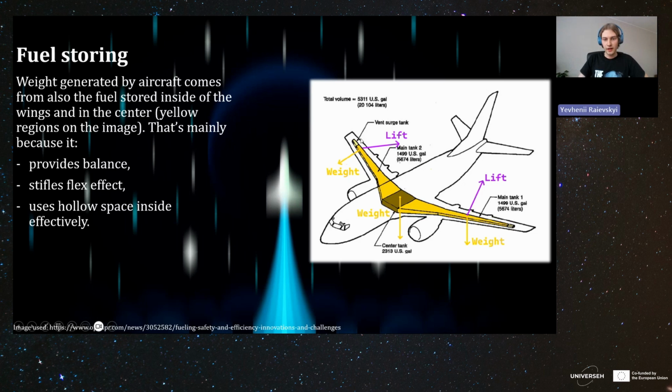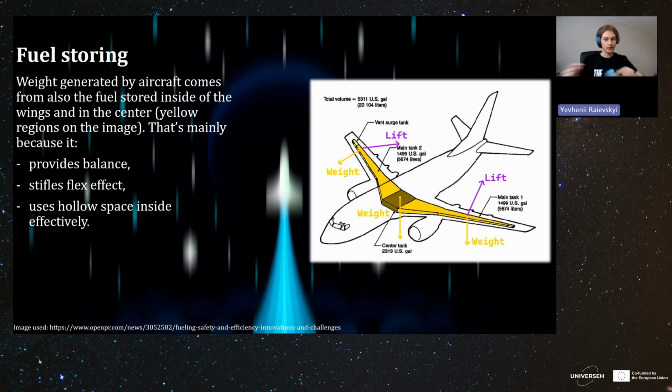And here at the wings, lift is generated. So if we would not balance this lift at the wings, our aircraft would look like this. Some flex effect, it is called.